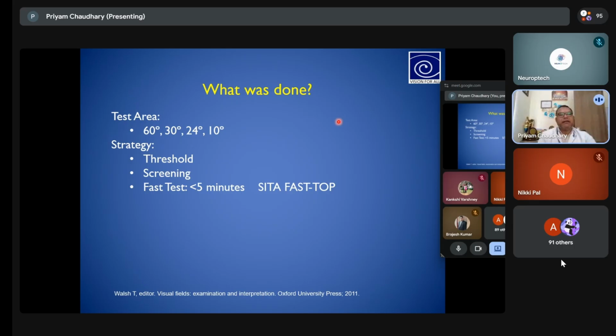What was done? 60-4, 30-2, 24-2, and 10-2. Strategy: threshold, screening, and what you are doing. SITA Fast, SITA Standard, and SITA Faster.